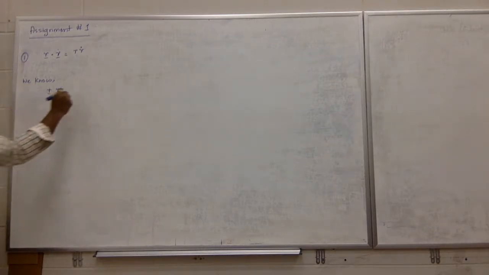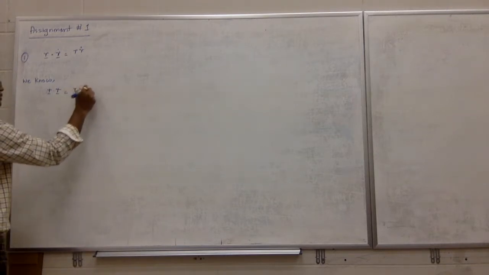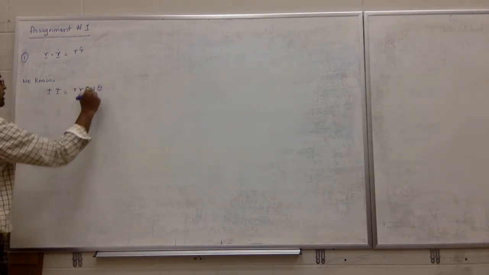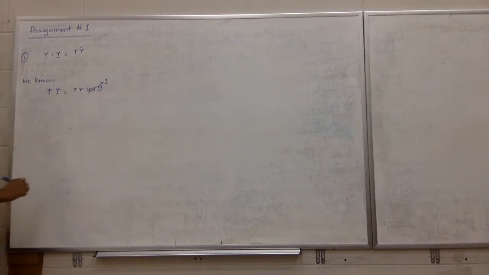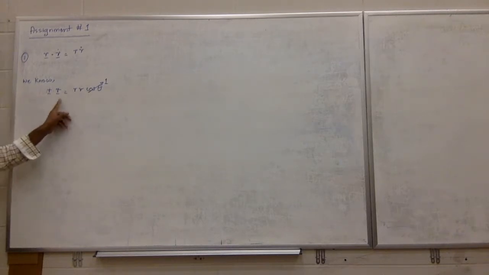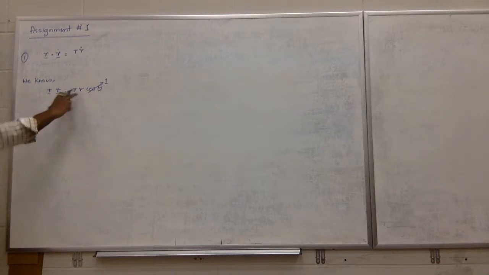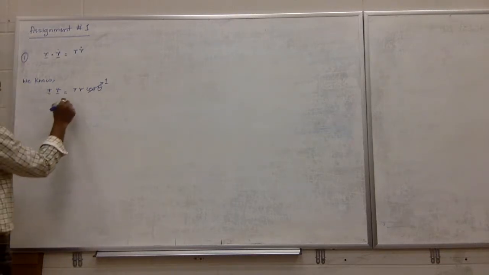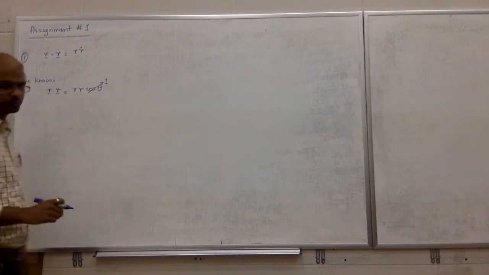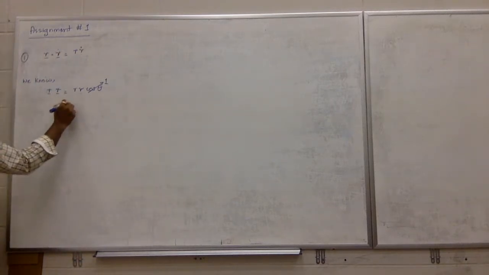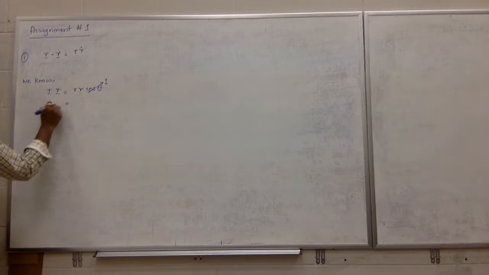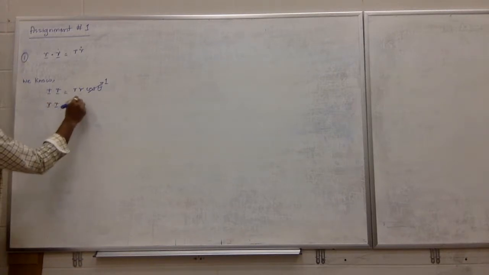Here theta is 0, so cosine theta is 1, because theta between the same two vectors is 0. And r multiplied by r is r square. So I can write r dotted with r is equal to r square.